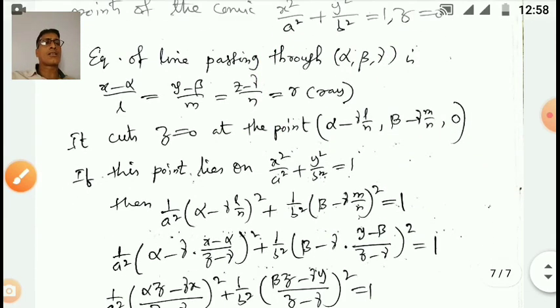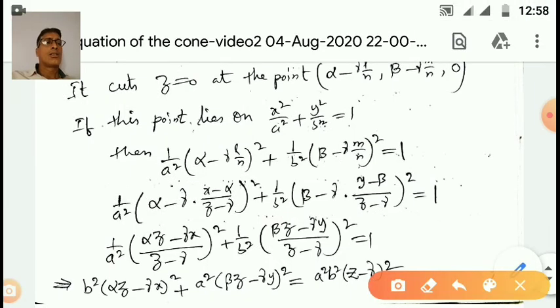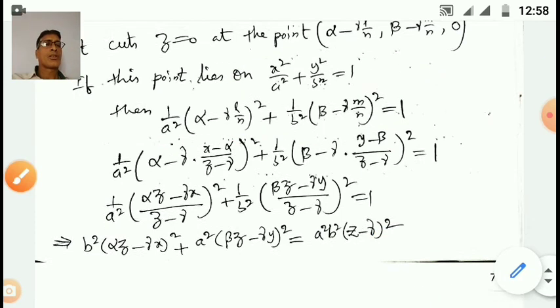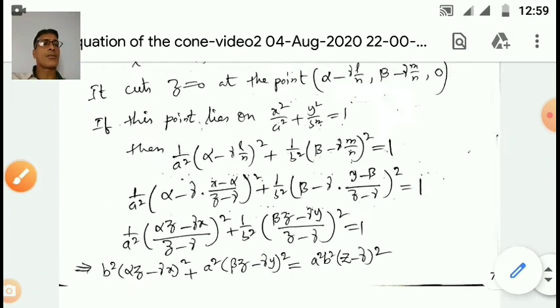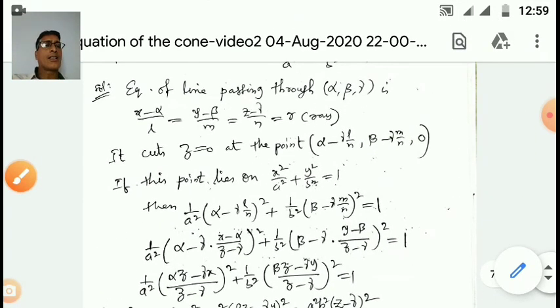By doing that, you will get like this: take x is equal to alpha minus gamma l by n and y is equal to beta minus gamma m by n in this equation. So before going to simplification, what is l by n?